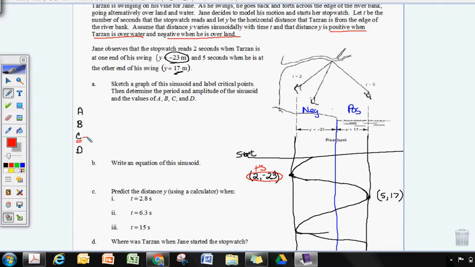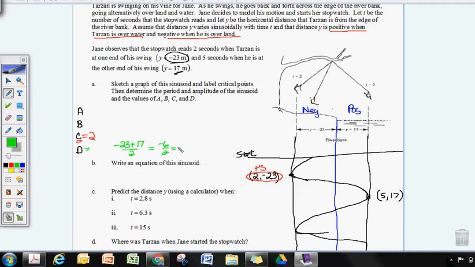So I automatically know my phase shift is positive 2, which means I'll use negative 2 in my equation. Second thing, I see I'm going from negative 23 to 17. This blue line is not my D value. So I am going to have to do my little trick for my D value: my negative 23 plus my positive 17, and I'm going to divide that by 2, and that gives me negative 6 over 2.